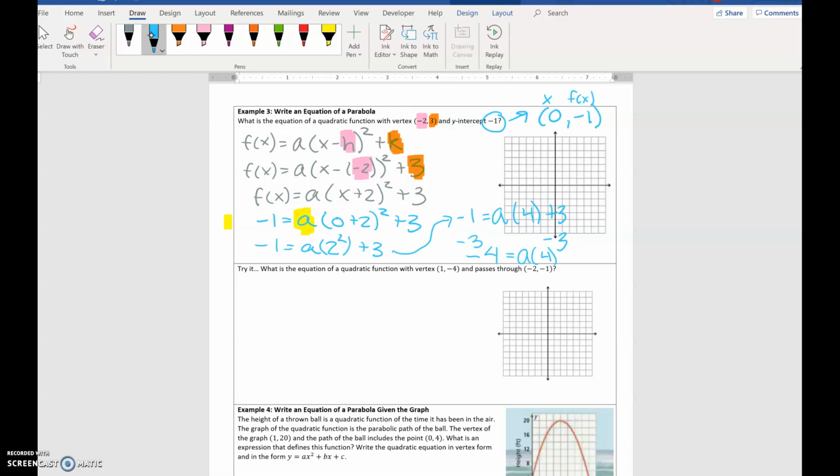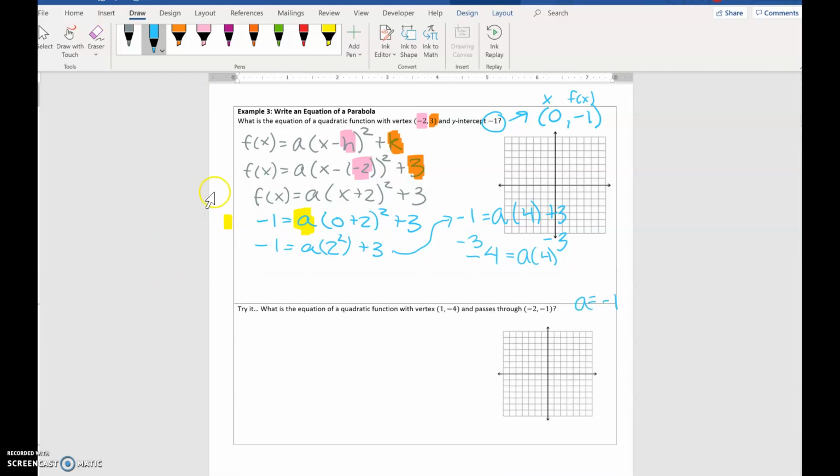Divide by 4 on both sides, and so we get a equals -1. So our final answer is f of x equals -1 times (x plus 2) squared plus 3. This is our final answer here.